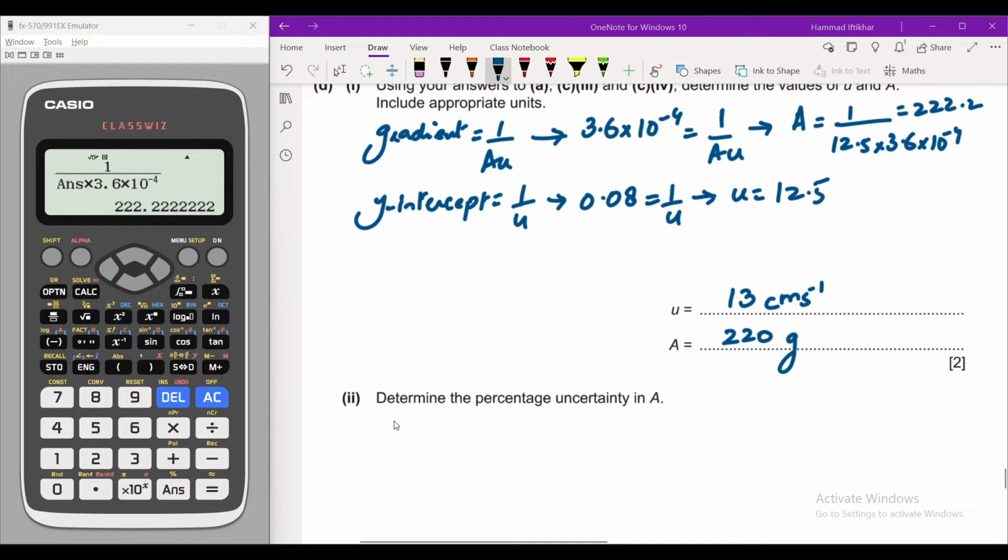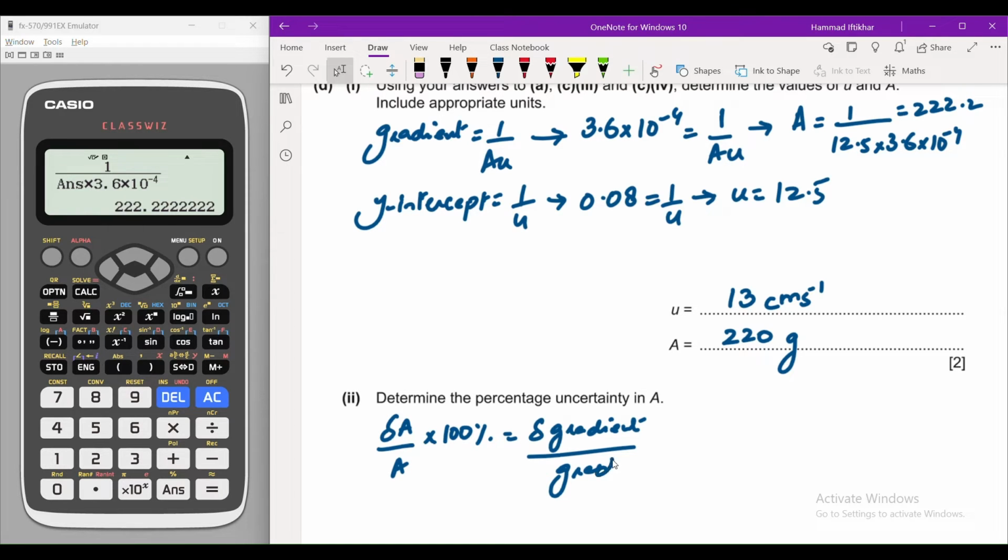So percentage uncertainty in A is coming from percentage uncertainty in gradient and the percentage uncertainty in y-intercept. So delta U over U times 100%.